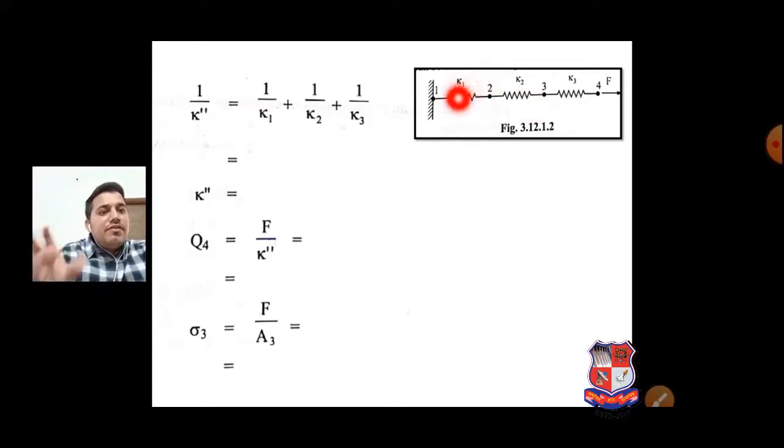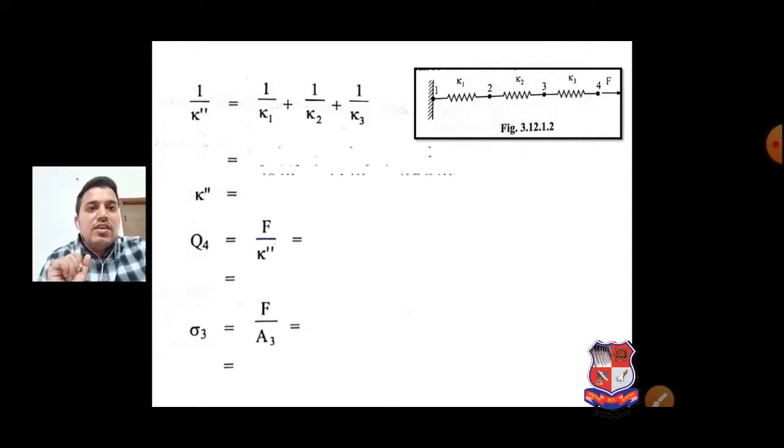If we take the first element, then only one stiffness is required. If we find it at node number 3, then we have to combine k1 plus k2, and when we find it for node number 4, at that time we have to combine all stiffnesses: 1 upon k1 plus 1 upon k2 plus 1 upon k3.